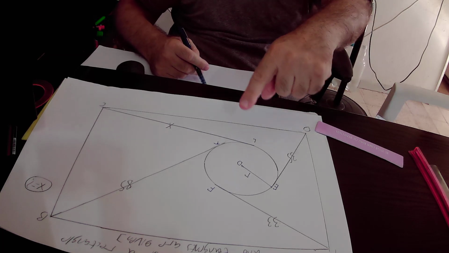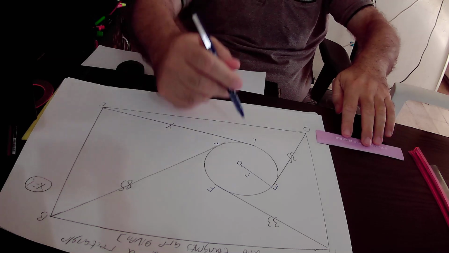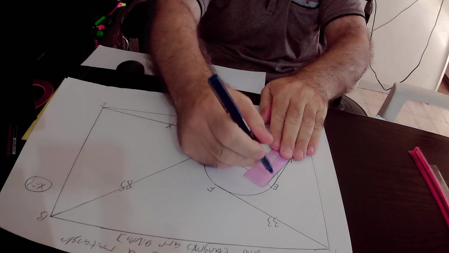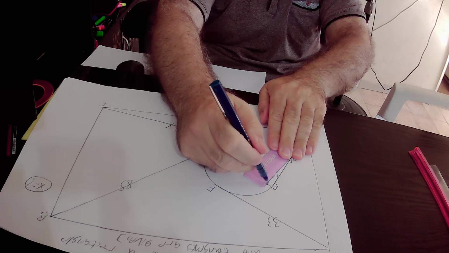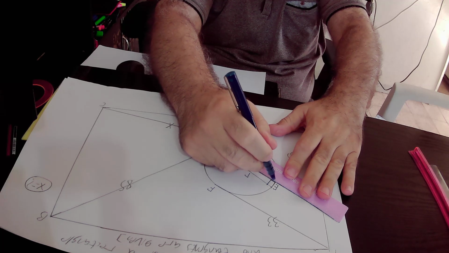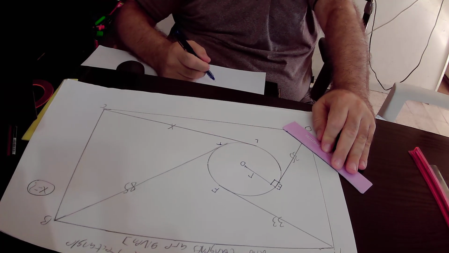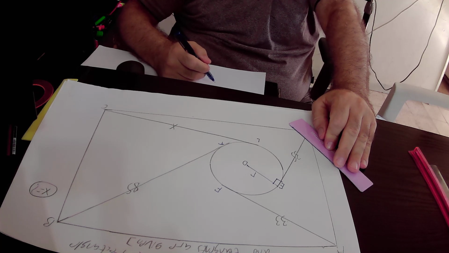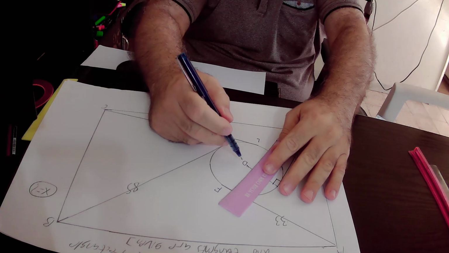So here we have the radius OE that is drawn to the point of tangency, therefore according to rule number 1, this angle will be equal to 90 degrees. We join points O and F together by a straight line.